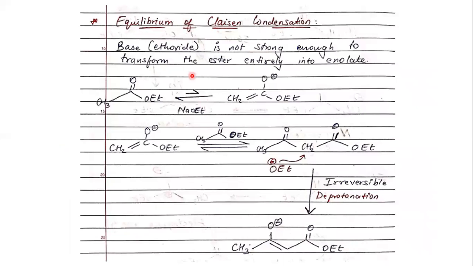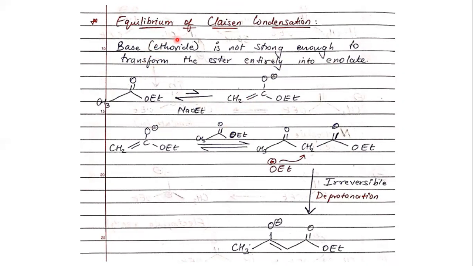Now we'll talk about the equilibrium of this Claisen condensation. The base, that is ethoxide, that you're using is not strong enough to transform the ester entirely into enolate. The first step of the mechanism, if you remember, is formation of your enolate, the nucleophile generation.